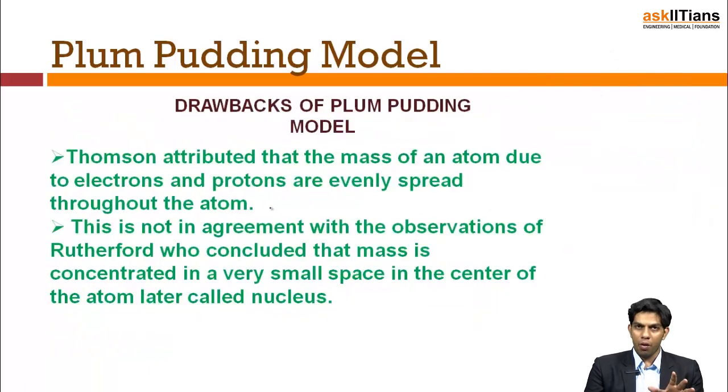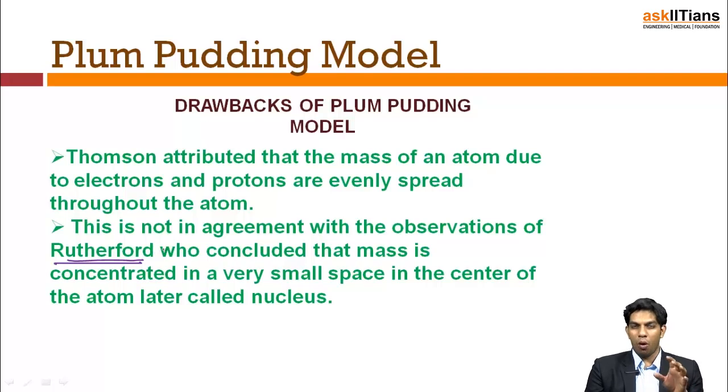Now, what were the drawbacks of the plum pudding model? Thomson attributed that the mass of the atom is distributed throughout the atom, or the total mass is distributed throughout the volume of an atom, which in fact is not true. Why? It's because of the direct observation from Rutherford's gold foil experiment.